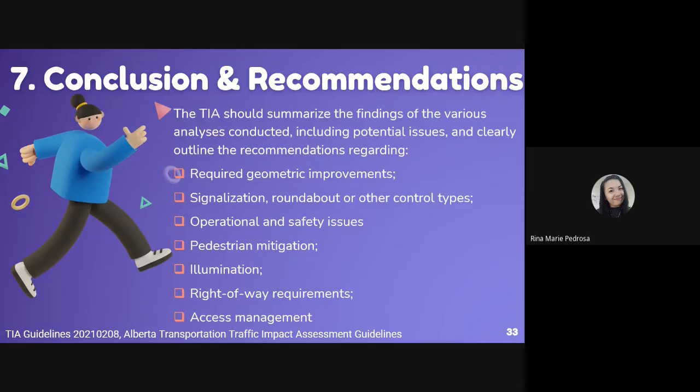Although the TIA is typically conceptual design, it often leads to detailed design, which relies on the TIA analysis. As a result, the TIA recommendation should have sufficient detail of what the conceptual intersection configuration will look like, for example, turning bay lengths. A concept plan illustrating the recommended horizontal intersection layout should be provided.